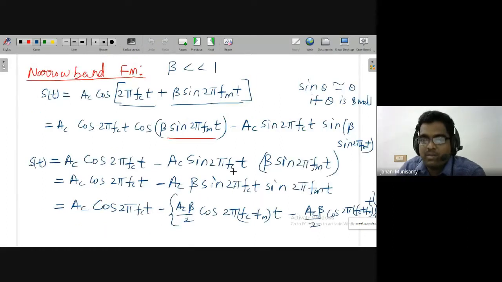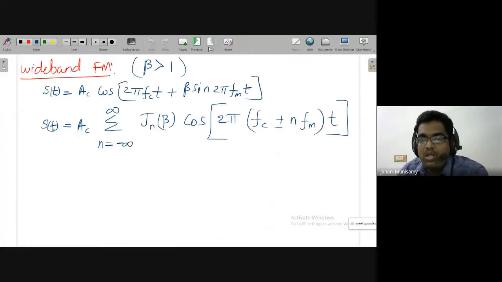Here we have done some approximation if beta is small. If beta is large, we cannot do any approximation. We have to use the concept of Bessel function. So now I have introduced the Bessel function coefficient here and also infinite summation. Again in the frequency domain, fc plus, instead of fm, I am putting n, where n can go from minus infinity to plus infinity.